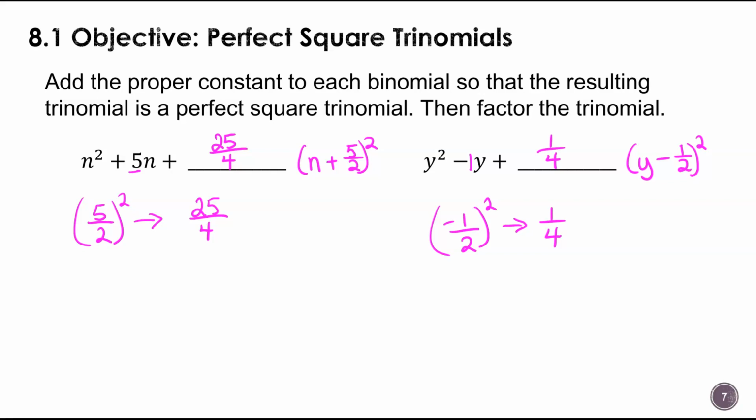Okay, and you can always check this. Multiply it out, (y - 1/2) times (y - 1/2), and you'll see that you get y² - 1y + 1/4. Okay, so the next part of this lesson is completing the square and solving, and I'm going to show you that in the next video.